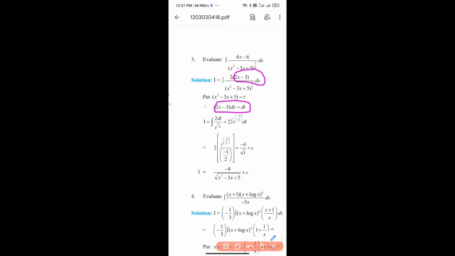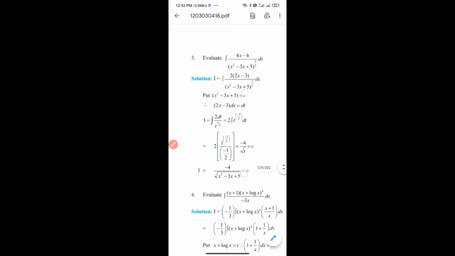Okay, and then put this whole function as t, and this 2 will remain as it is, right? So that is why the function has become, let me zoom in.